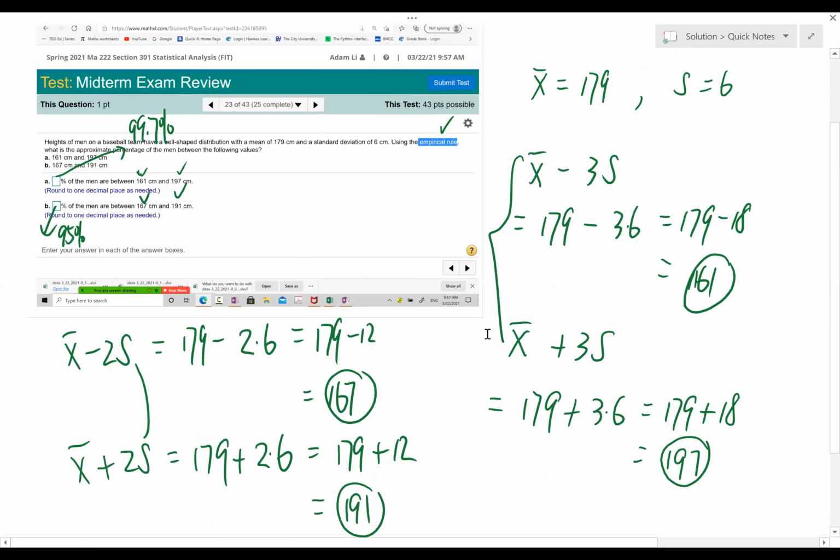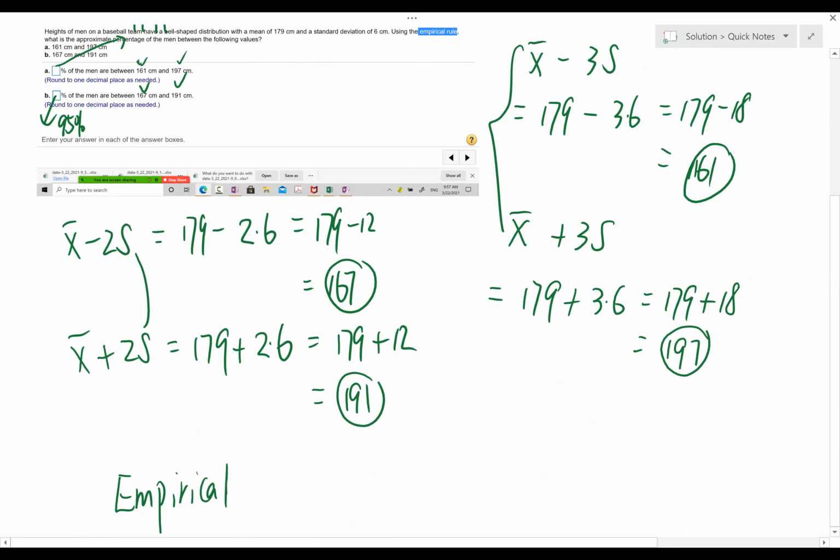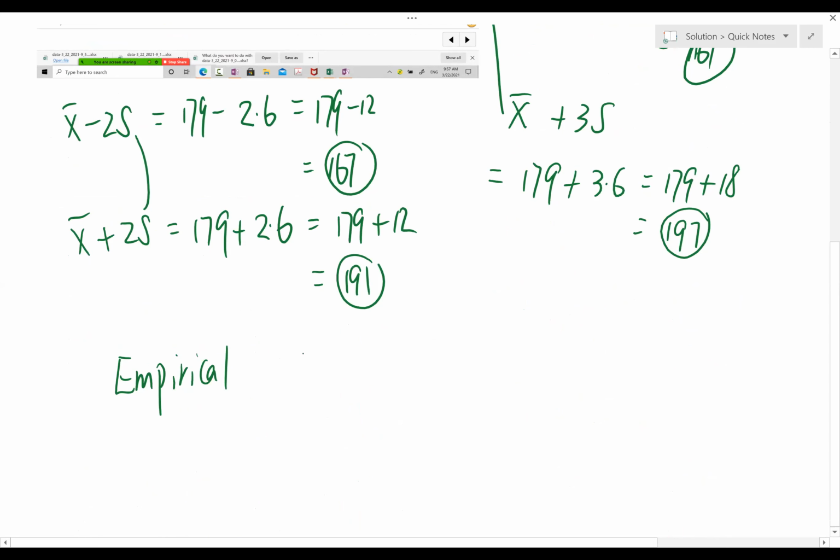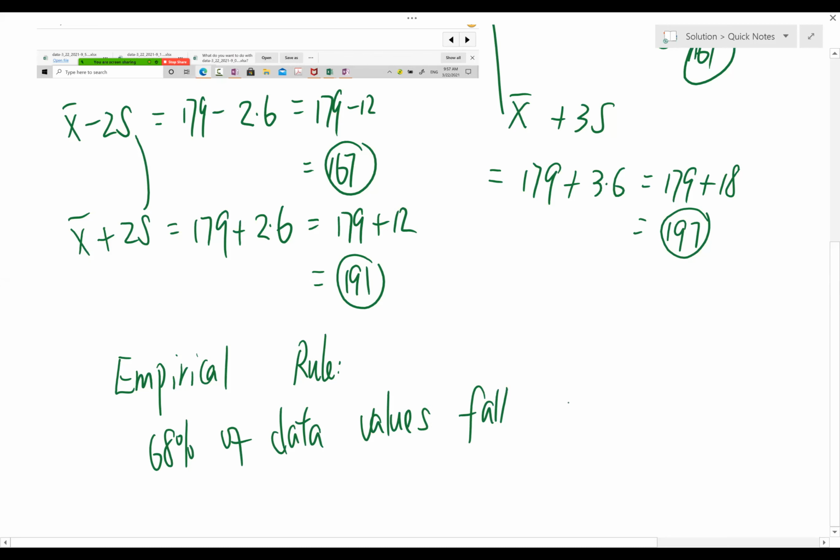Probably we didn't go over this too much, but the empirical rule states that 68% of the data values fall within 1 standard deviation of the mean.